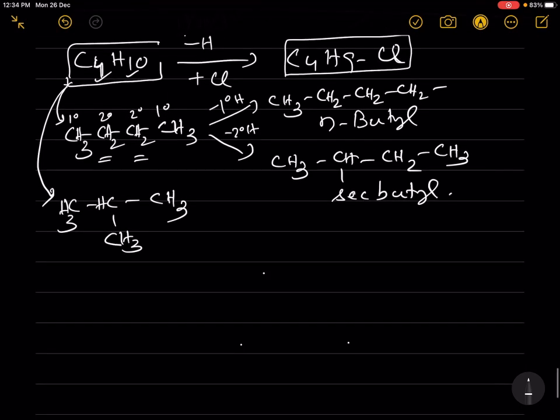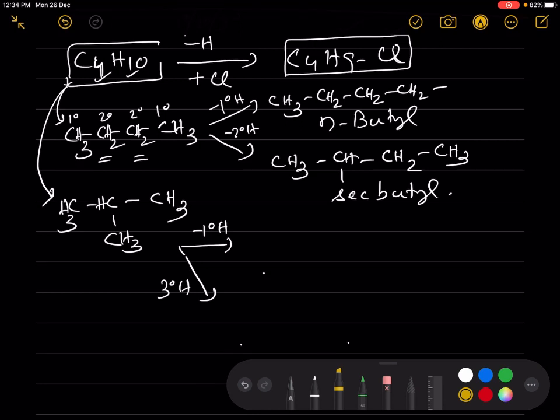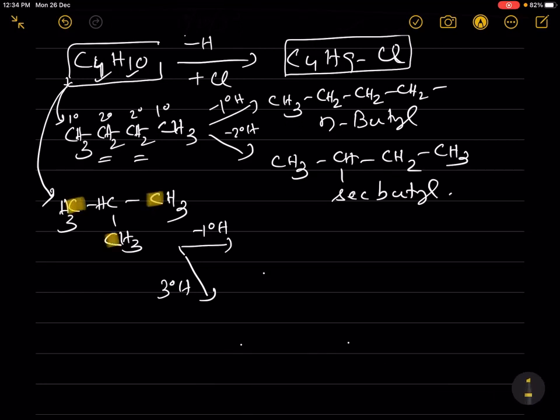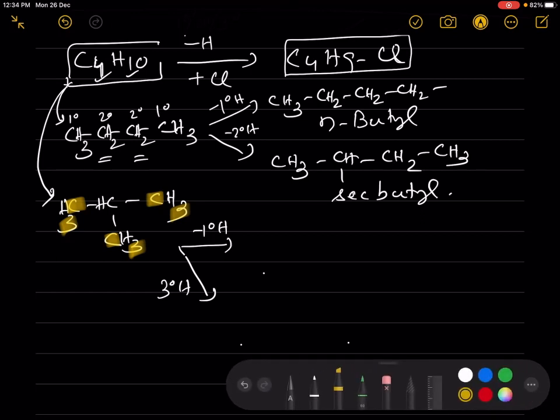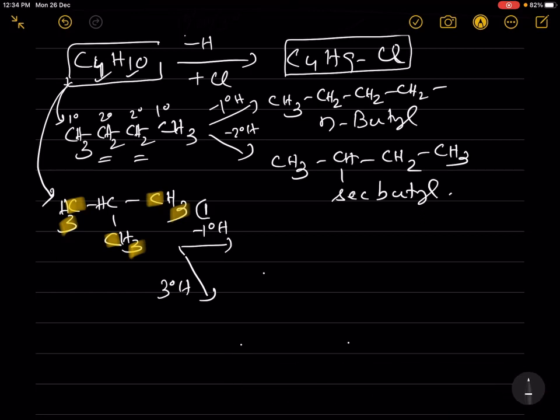Similarly, in this case, you have primary hydrogen atoms and tertiary hydrogen atoms. There is no secondary hydrogen atom over here. You see, this is a primary carbon. Total 9 hydrogen atoms attached to these primary carbon atoms. So there are 9 primary hydrogen atoms, but we have to remove only one primary hydrogen atom.